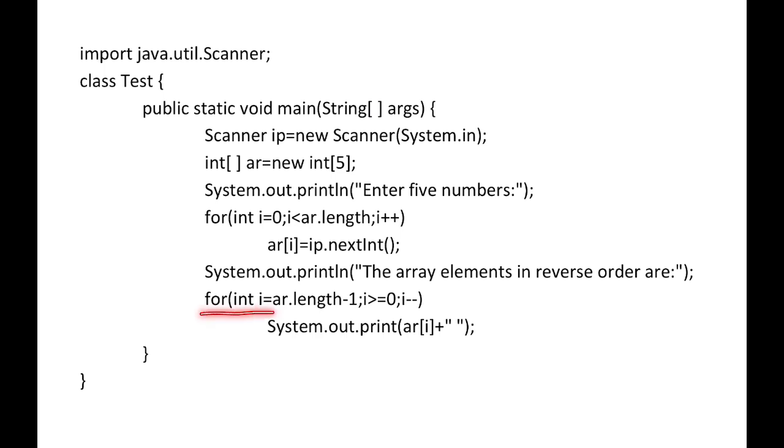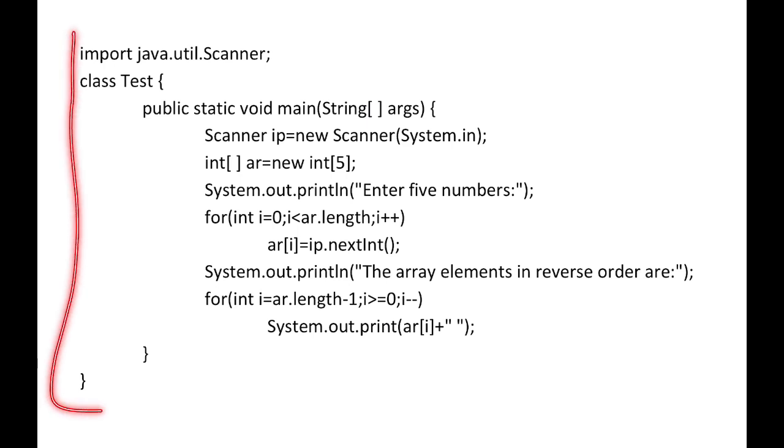Now after this we are writing for int i equal to ar.length minus 1, i greater than or equal to 0, i minus minus, System.out.print(ar[i] + some space), like we have discussed just now.